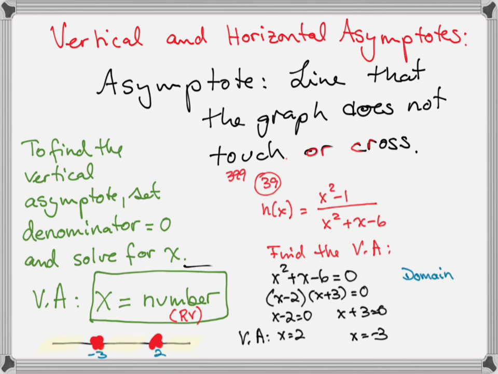So it would be negative infinity to negative 3, union negative 3 to 2, union 2 to infinity. This is a 3-part domain. You will get a 3-part domain if you have two restricted values. So between negative 3 and 2, you have y values.